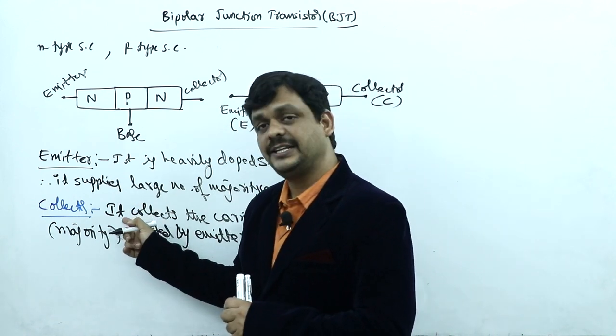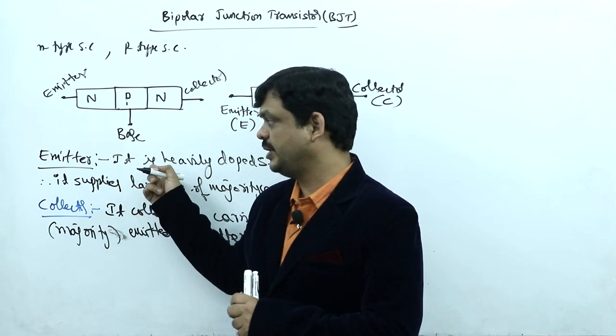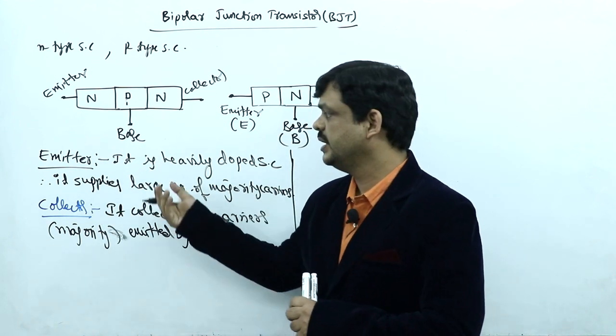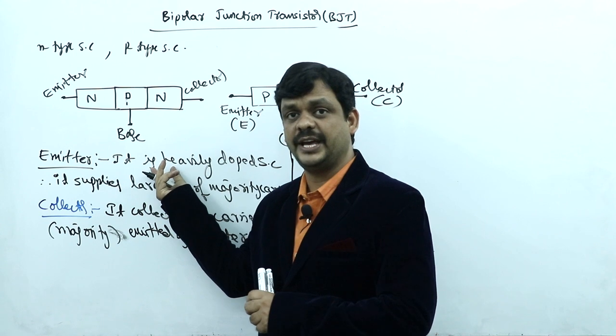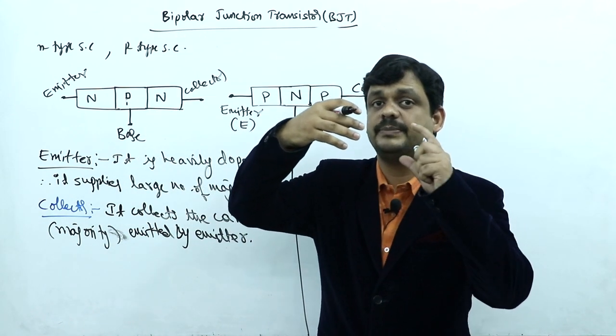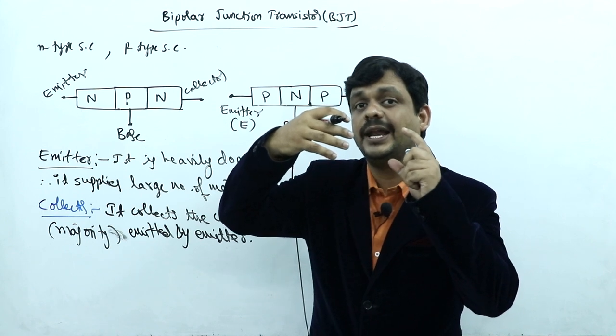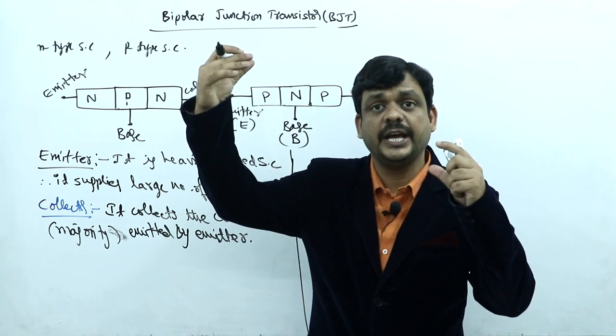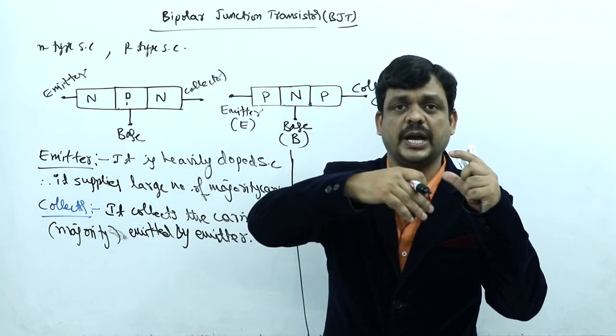If the collector is highly doped compared to the emitter, then it does not collect the carriers, because the emitter is highly doped. Carriers always flow from higher concentration to lower concentration. Compulsorily the collector requires a lower doping level compared to the emitter. Then only the carriers flow from emitter to collector.